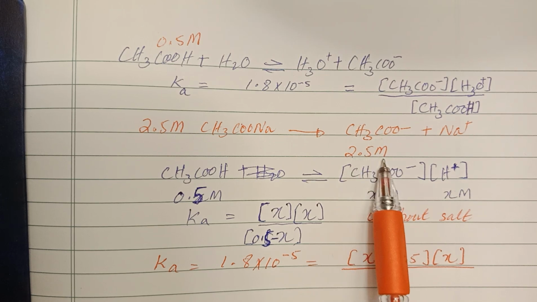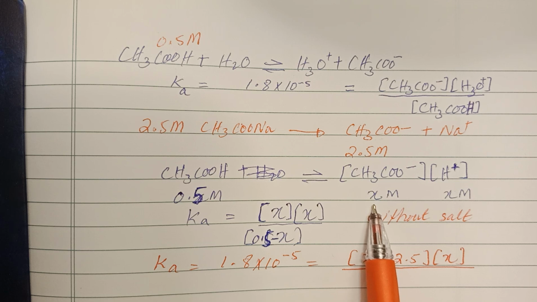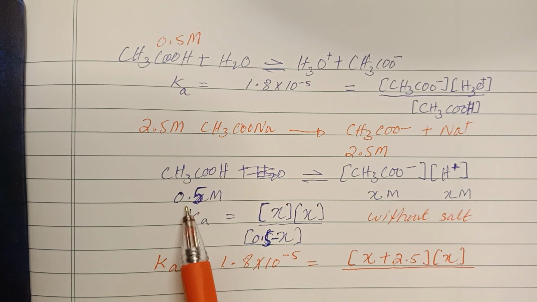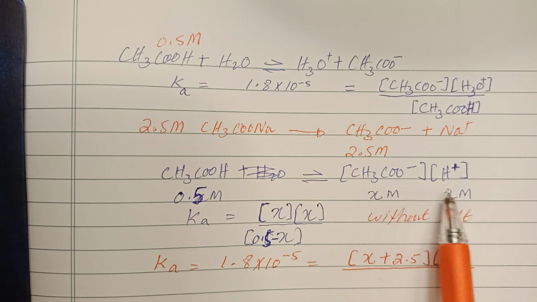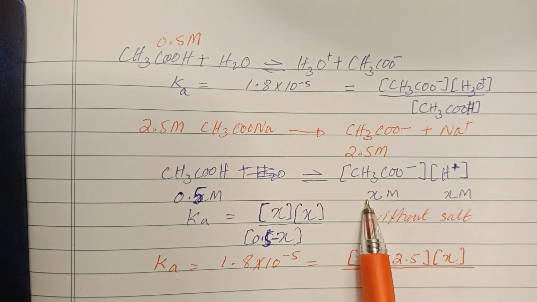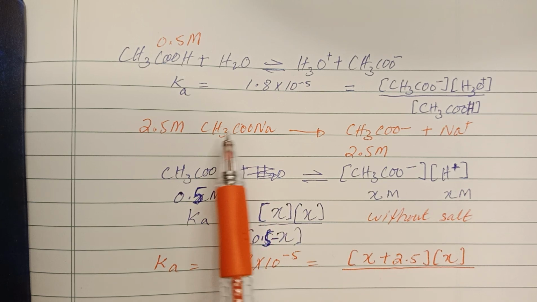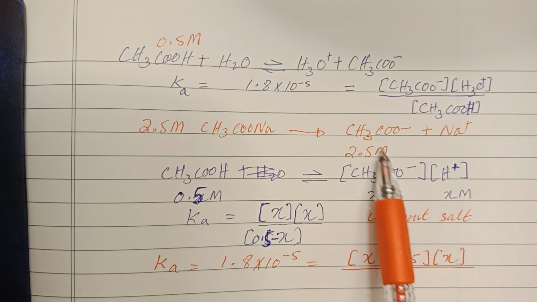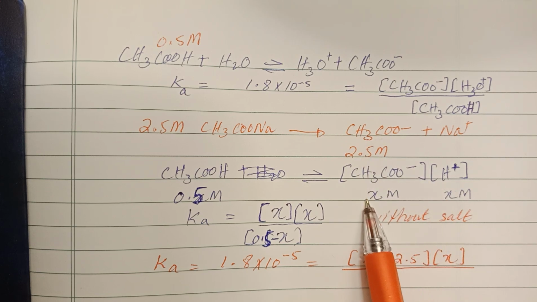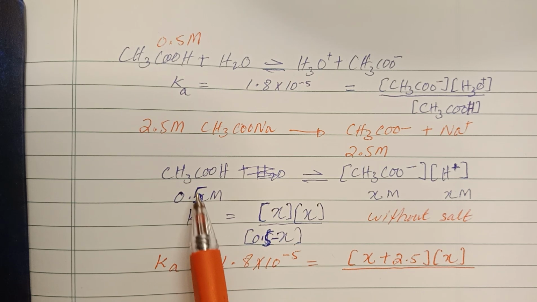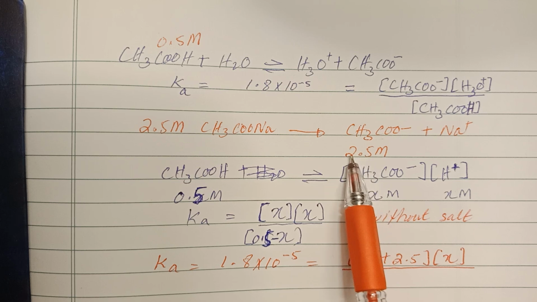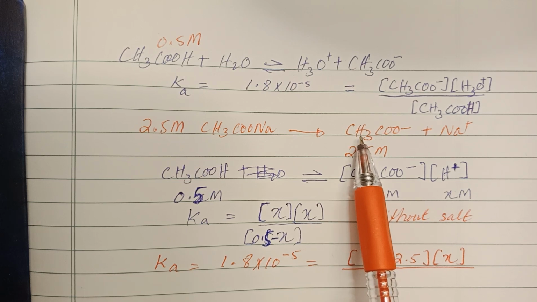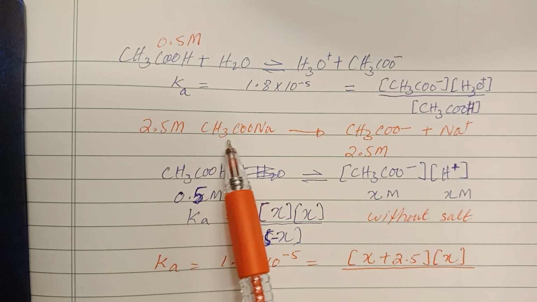As in the previous case, which is the dissociation of 0.5 molar acetic acid into acetate and hydrogen ions, here we have acetate ion with a concentration of X. So with addition of the sodium acetate salt, we have 2.5 molar acetate ions. So in common we have X molar acetate ions generated from the dissociation of 0.5 molar acetic acid, as well as 2.5 moles of acetate ion generated from the 2.5 molar sodium acetate.